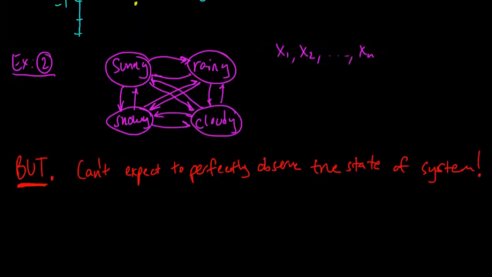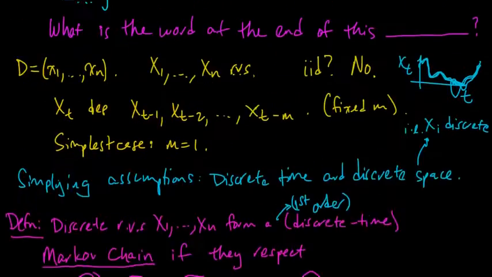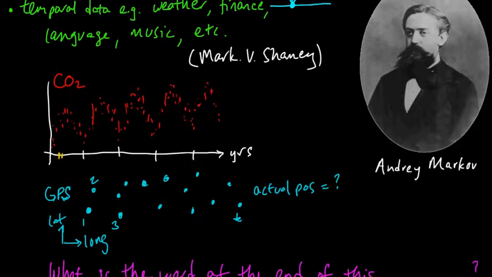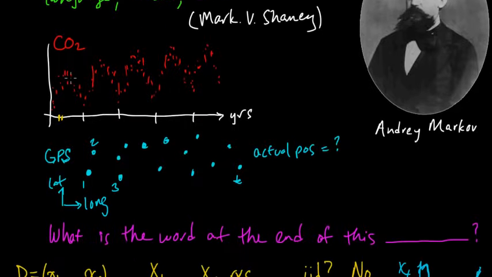For example, let's think back to these examples, and let's think about this one. This is a good example. With the GPS example, we had a robot, and the robot had some true position, some true latitude and longitude. Maybe it was driving around, and maybe that's its true position.